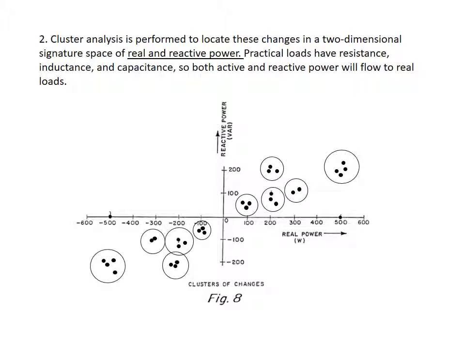So we go through the whole time series, and every time we come to an edge, whether that's an increase or a decrease, we record it, and then we can cluster these, right?